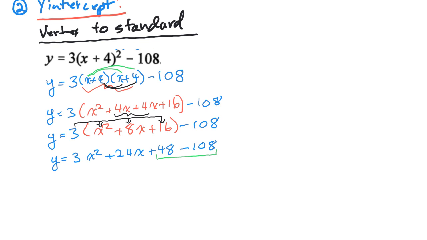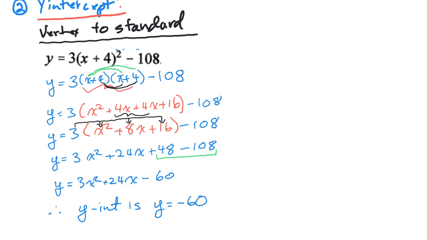So now all we have to do to find our y-intercept and find our standard form is this. y is equal to 3x squared plus 24x. And we have to add the stuff that we've underlined in green. And that gives us negative 60. So therefore, our y-intercept is y is equal to negative 60. I'm actually highlighting that.